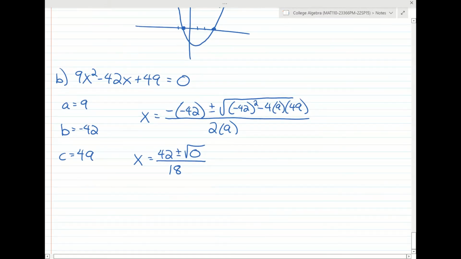Now, if the discriminant is 0, what that means is that there's going to just be one real answer. And let's see what that is. Square root of 0 is 0. 42 over 18 reduces to just 7 over 3.